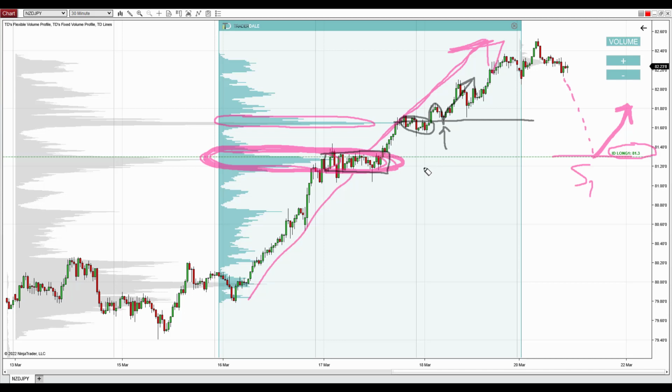So I'm not really sure about this one. Also, there was this reaction as well, so it appears that the price has already tested those volumes. So I'm not really into trading this anymore. I only trade first tests. This one hasn't been tested yet, so that's why.